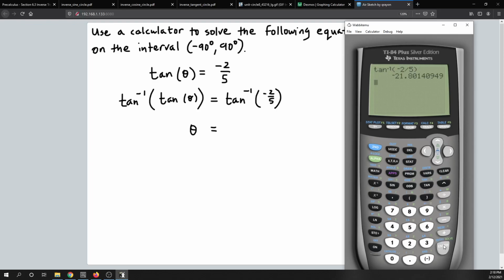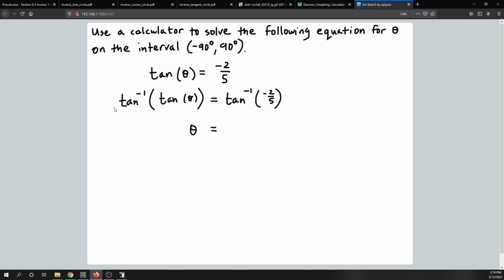All right, and to however many decimal places, let's say 2 decimal places, we have negative 21.80, and this is in degrees. So that would be the answer there.